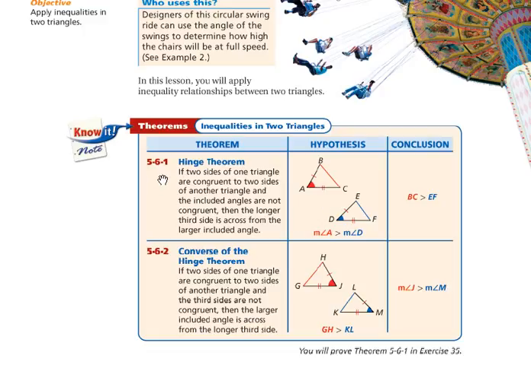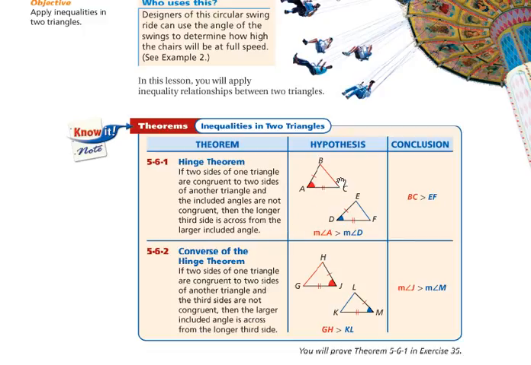If I read through this for you here, it says if two sides of one triangle are congruent to two sides of another triangle, and the included angles, so the angles between those two sides, angle A and D here, are not congruent, then the longer third side is across from the larger included angle.